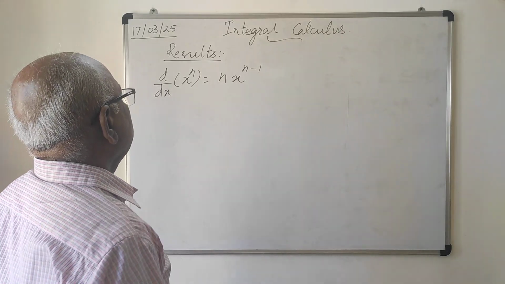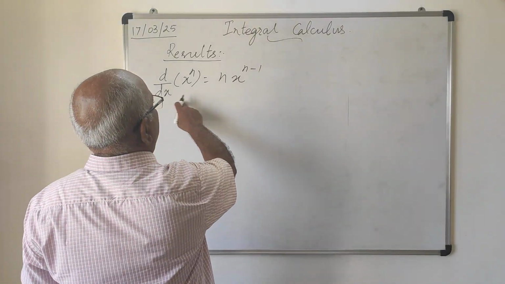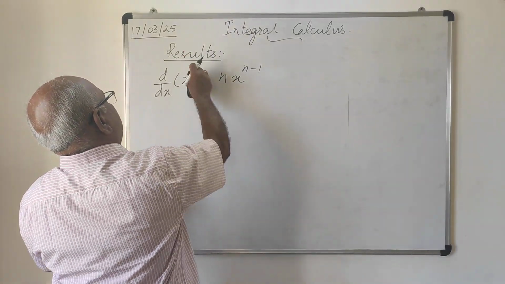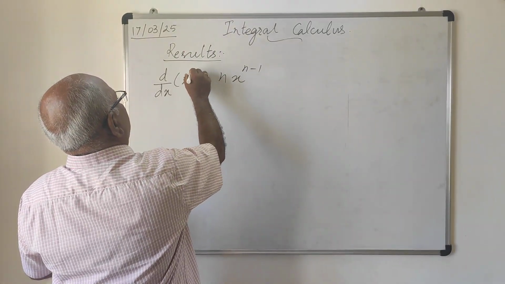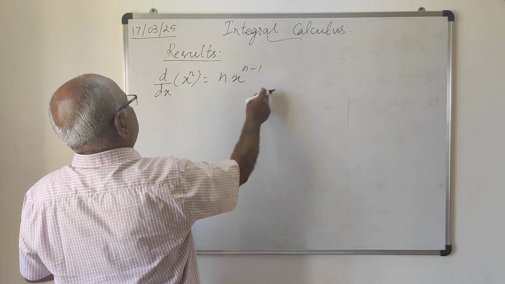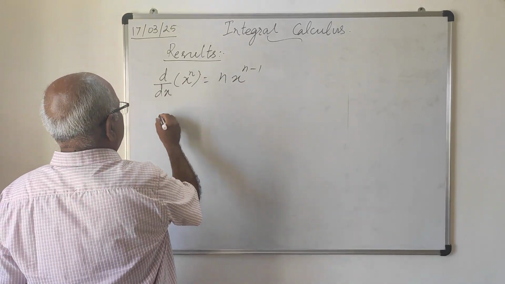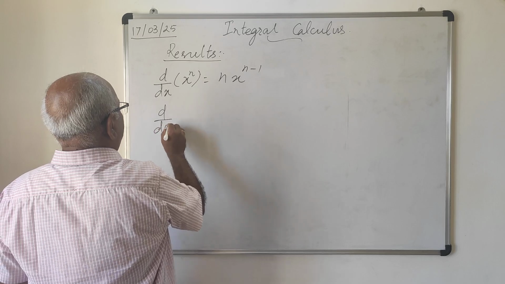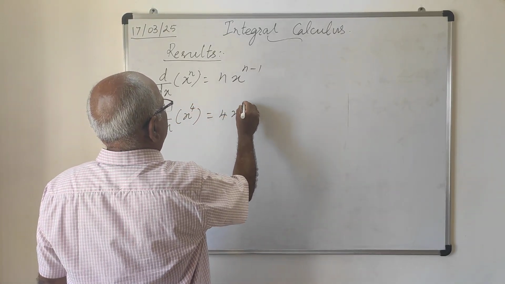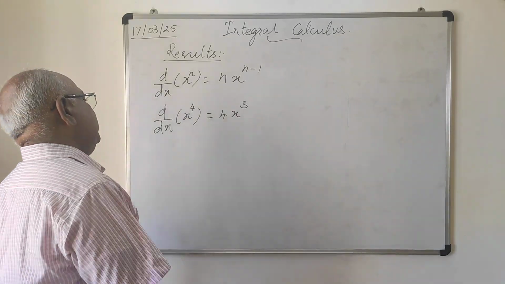This is the derivative of x power n, where n is an integer. For example, d by dx of x power 4 is equal to 4 into x cube, that is, 4 minus 3.